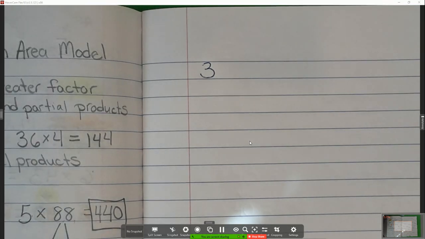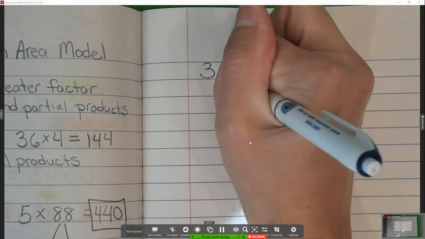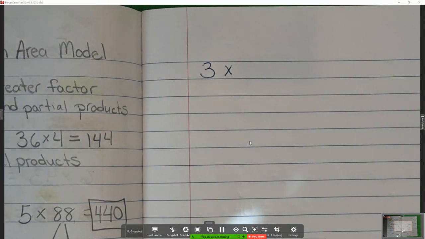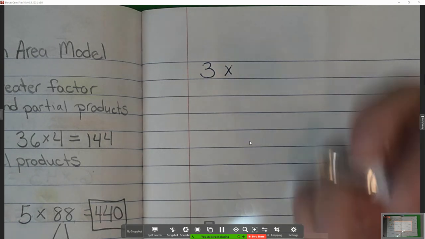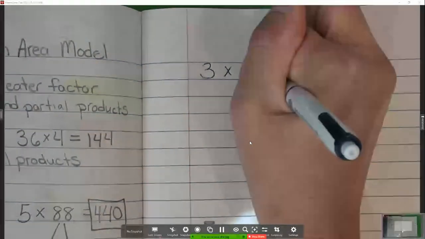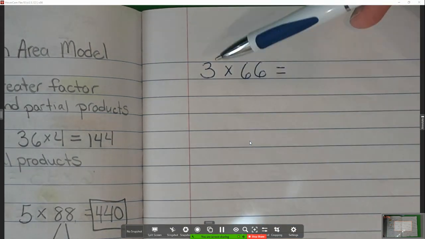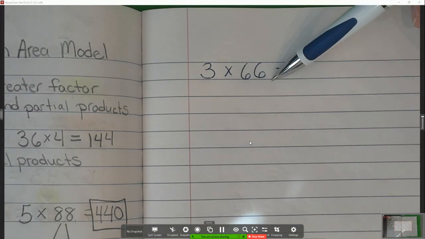Now I need a number that has 2 digits. Quinn, go ahead and give me a number that has 2 digits. 66. Did you say 66? Okay. So let's go with 66. So I have 1 digit times 2 digits.